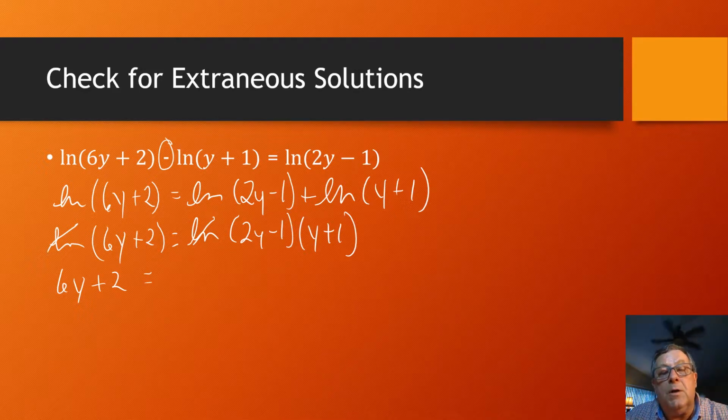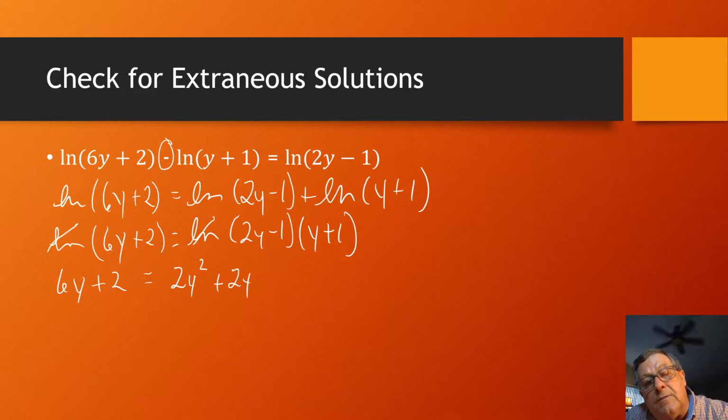6y plus 2. And let's FOIL this 2y minus 1 and the y plus 1. So 2y times y is 2y squared. 2y times positive 1 is plus 2y, and negative 1 times y is negative y, and negative 1 times positive 1 is negative 1. And we're going to set our equation equal to 0.